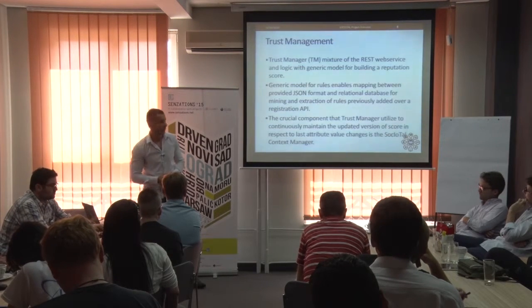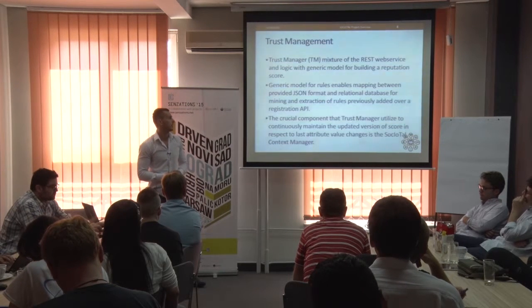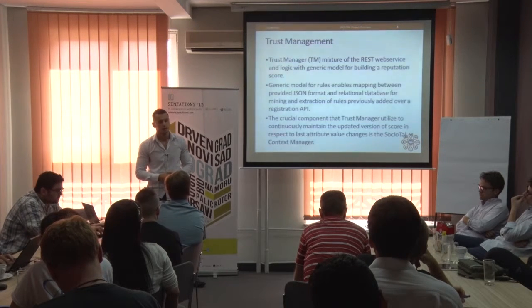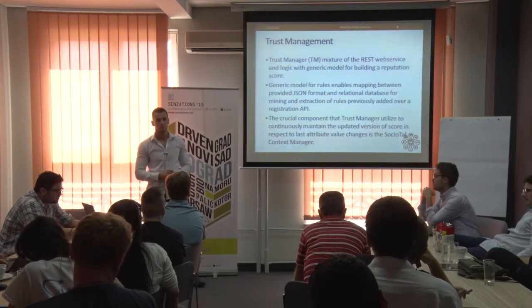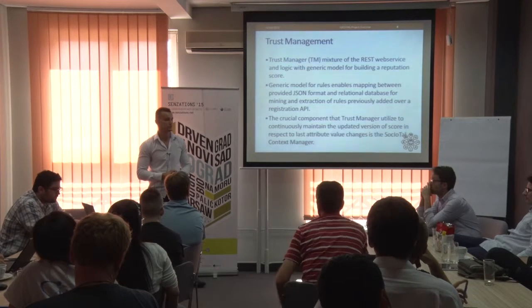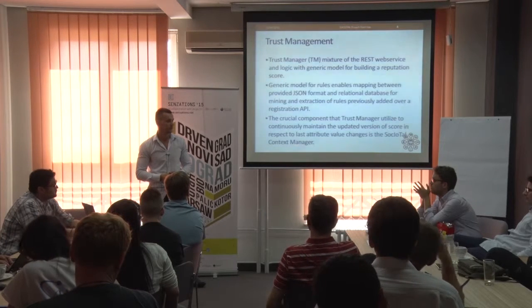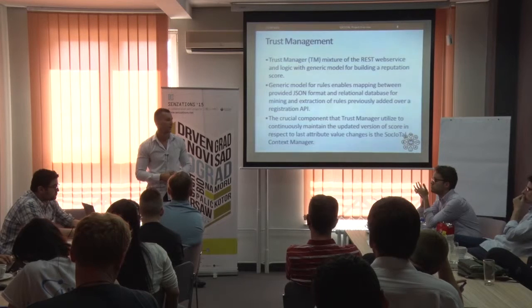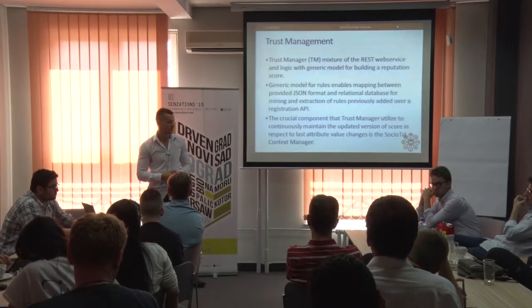We have built a trust manager, which is a component, a mixture of REST web services. They have a generic model mapped with a relational database. So actually what you can do is register a mix of rules saying, if the temperature in this room is above 20 degrees, and if this phone is held by a certain person, and you can add various different rules.